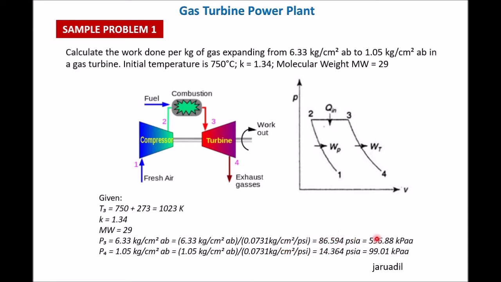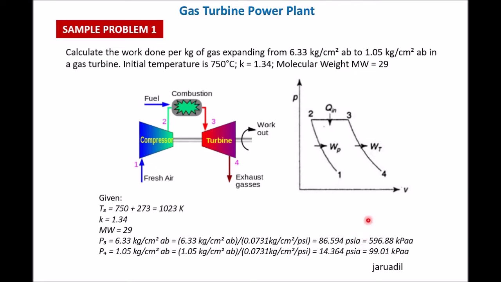Now to convert it to kilopascal, there are so many ways. You can use 101.325 kilopascal per 14.7 PSI, then you will have 596.88 kilopascal. You multiply this by 101.325 and divide by 14.7.